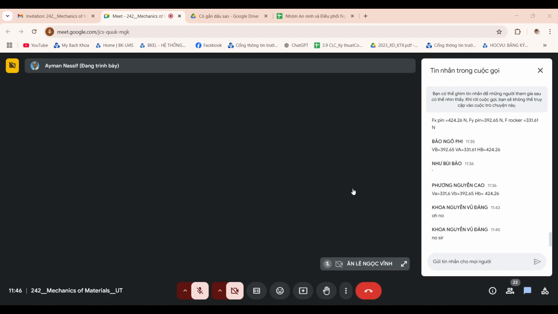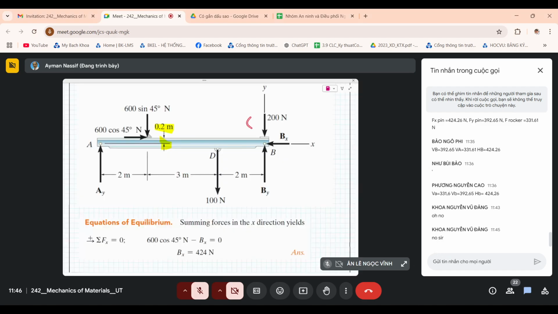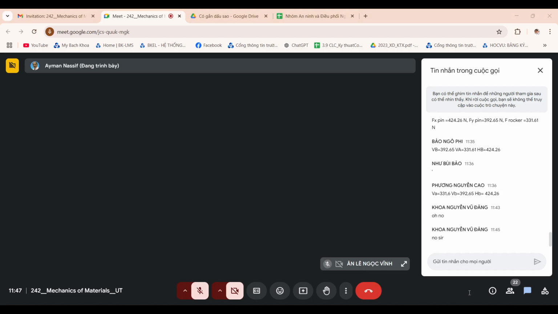Having established AY from the rotational equilibrium around B, having established BY from the vertical equilibrium, and having established BX from the horizontal equilibrium, now we can carry out a check on the system by asking: is the rotational equilibrium achieved around location A? We can carry this out and check our solution.